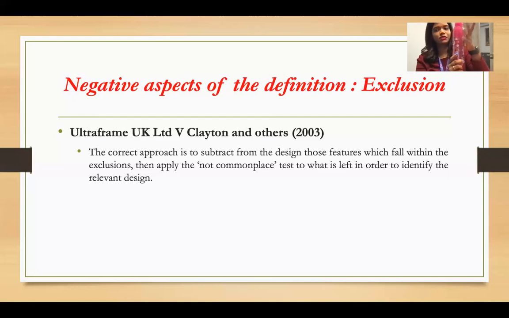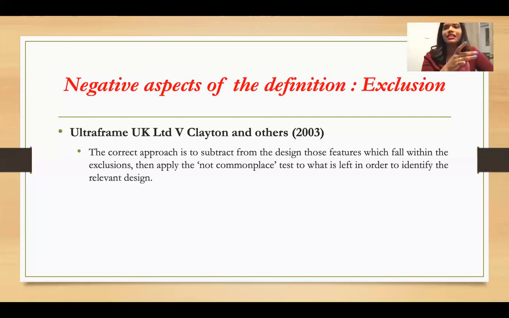Now you have this bottle, you have this design, and these are things that do not fall within the exclusion. Now you take this and start the process of whether this falls within the definition of design, has originality, is commonplace or not commonplace, and then you look at the design field and decide whether this can be under unregistered design rights or not.